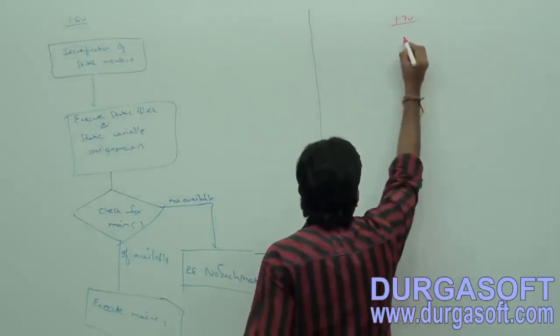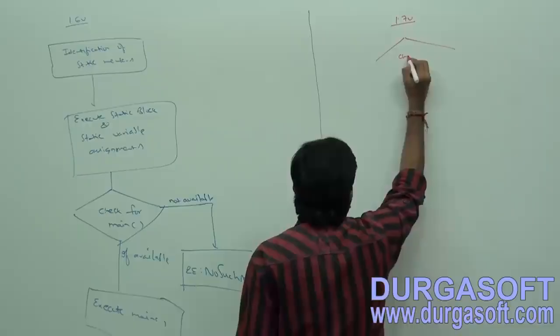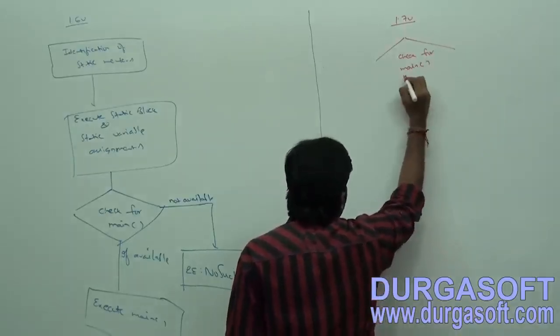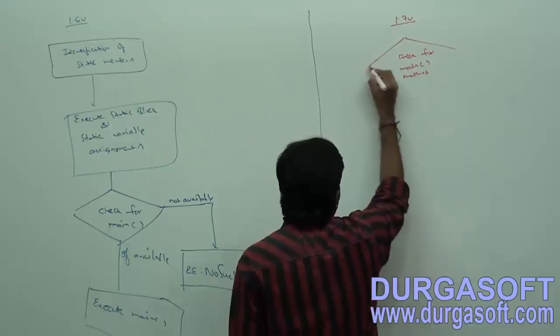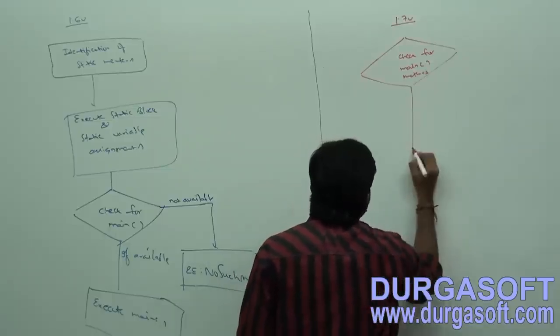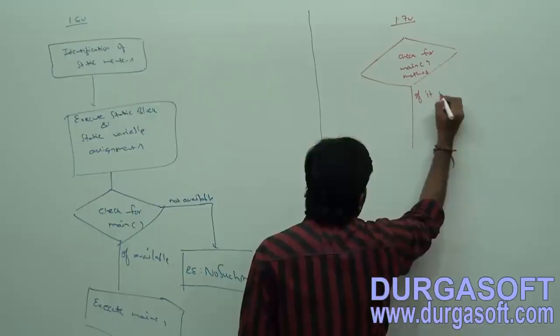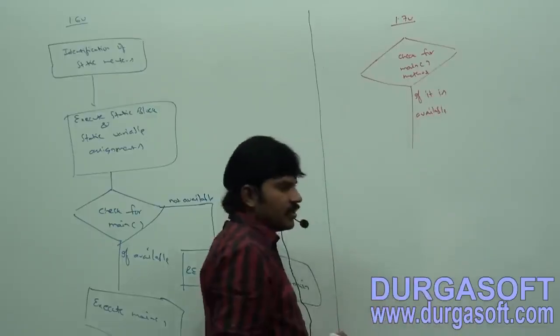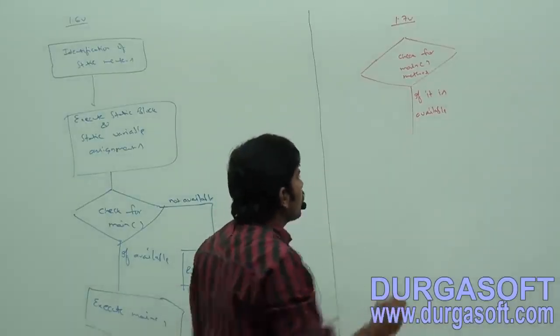Now check for main method. If the main method is available, then what you can do?